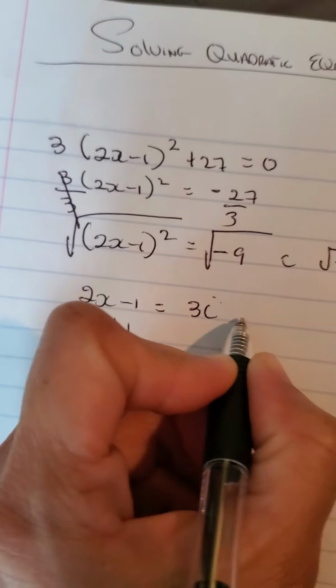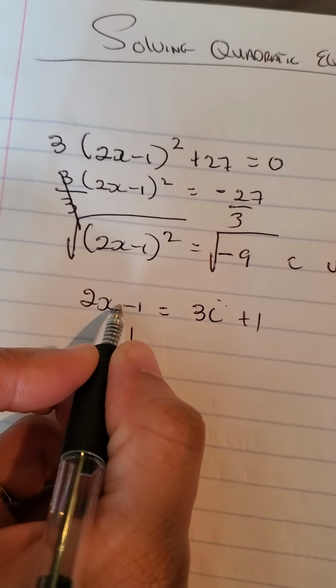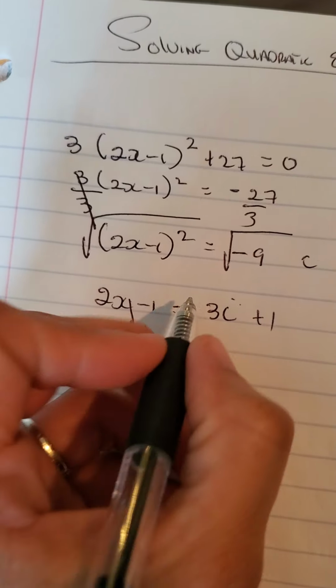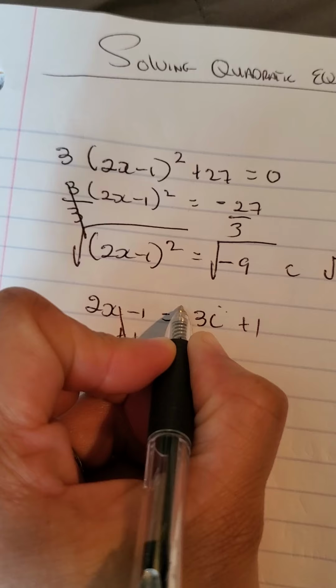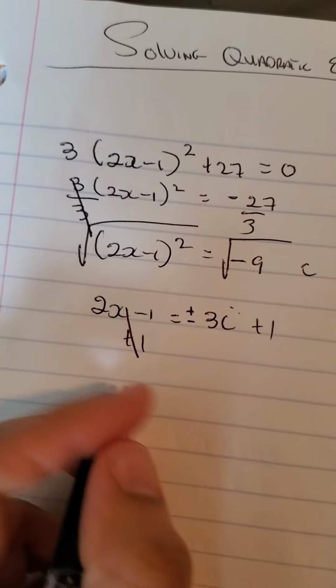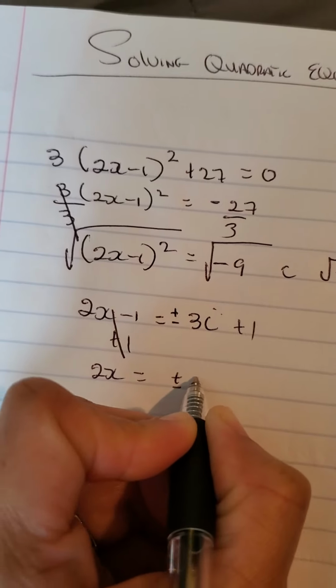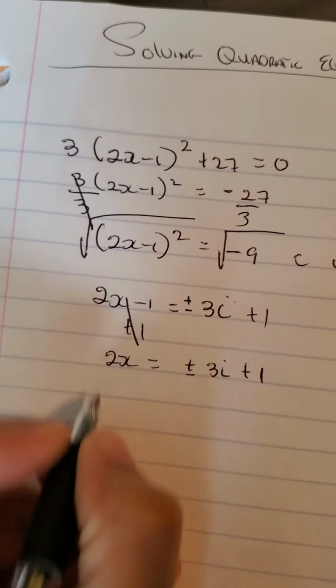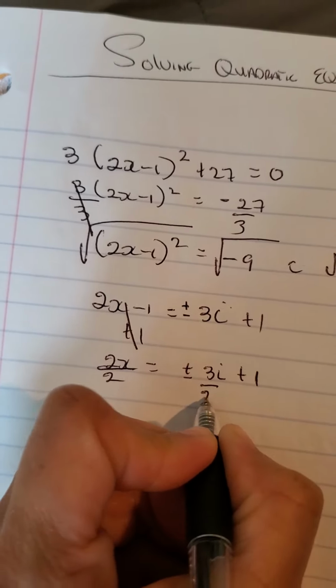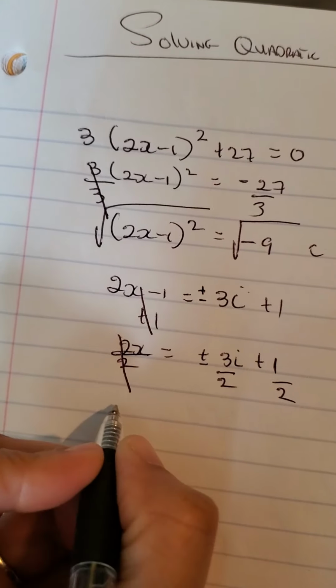So I'll add 1 to both sides. We're still using the plus and minus rule. So we have 2x is equal to plus and minus 3i plus 1. Divide both sides by 2, which means every term is getting divided by 2.